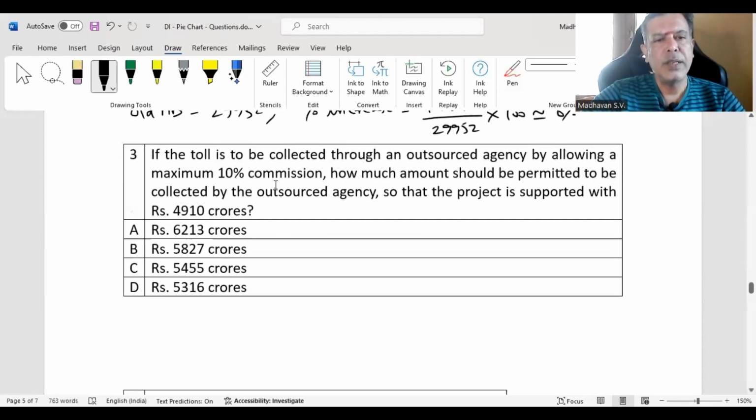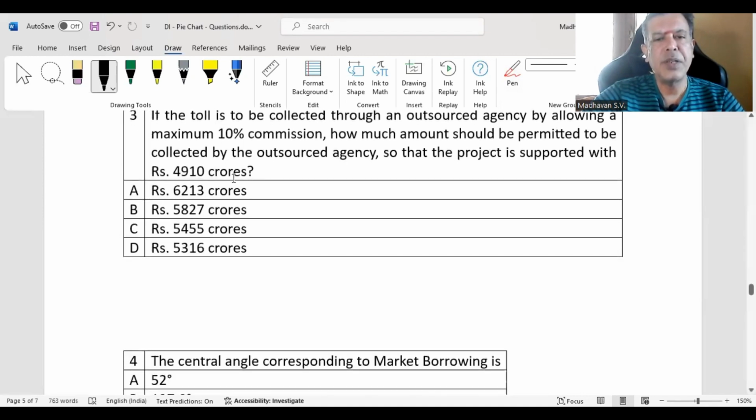If the toll is to be collected through an outsourced agency by allowing a maximum 10% commission, how much amount should be permitted to be collected by the outsourced agency so that the project is supported with rupees 4,910 crores?